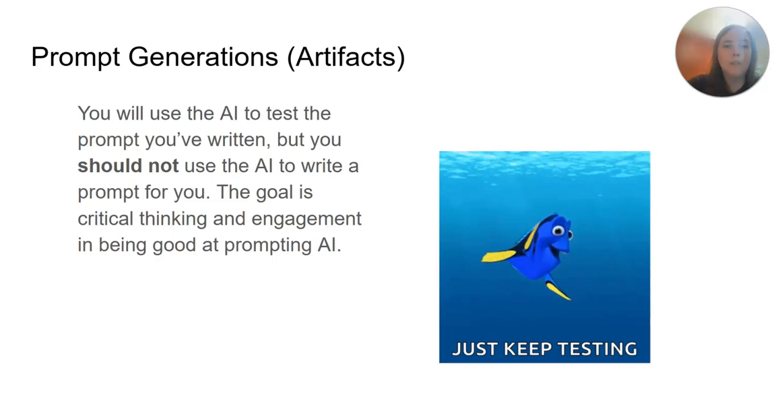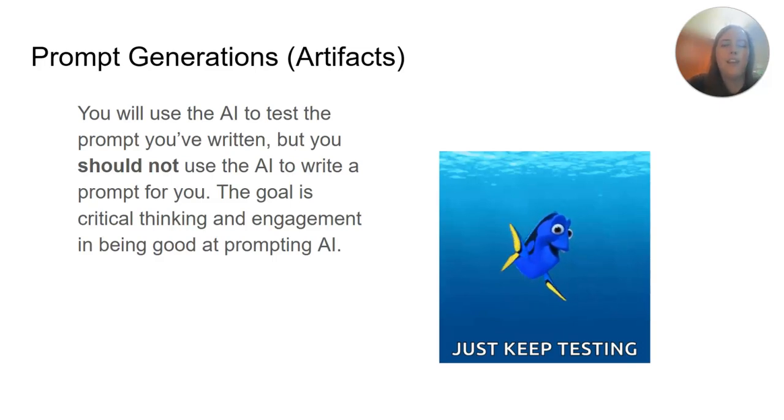I really would prefer that you write those prompts on your own, but then of course you'll need to test if the prompt is working by using an AI to test your prompt generation. So when you're writing the prompts, I want you to write those on your own. But whenever you are reflecting on how well the AI was able to carry out the task, you've got to use AI to do that.